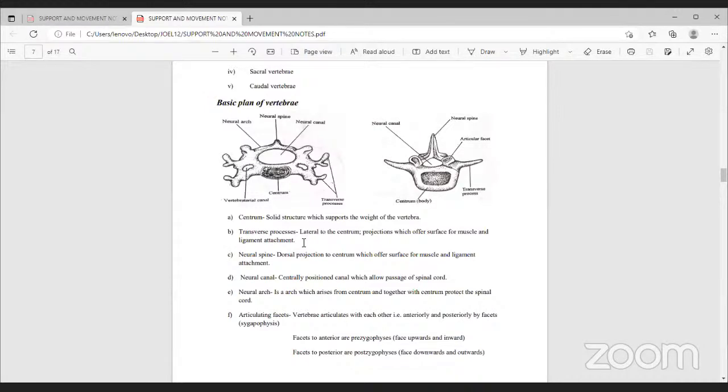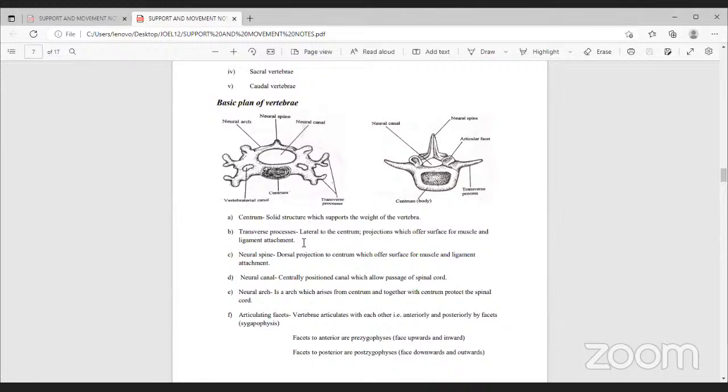That is why we are saying the basic plan of a vertebrae. So the general appearance, they have the following features in common, and the features have the same function, regardless of whether it is found in sacral vertebrae, cervical vertebrae, or thoracic vertebrae. Wherever it appears, the function cannot change. What is going to change is simply the appearance. Maybe in some bones they are long, in some other bones they are short or reduced.